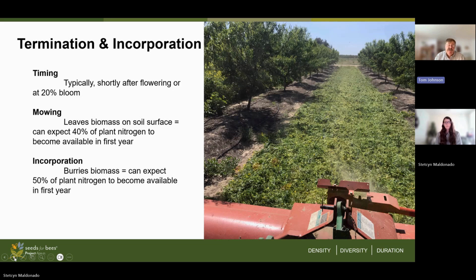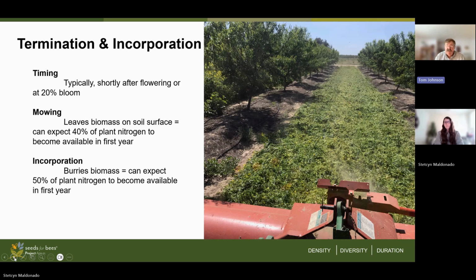So for the timing, if you want that sweet spot of maximum biomass and residue size you're able to deal with, you're probably looking at your cover crop shortly after it starts to flower, up to about 20% flowering. You're still not filling seed pods and the plant's not getting very tough. It's going to break down.